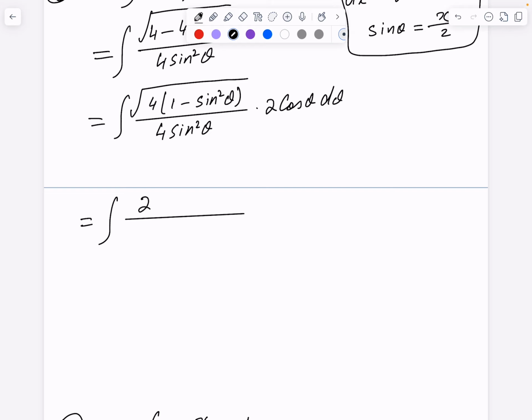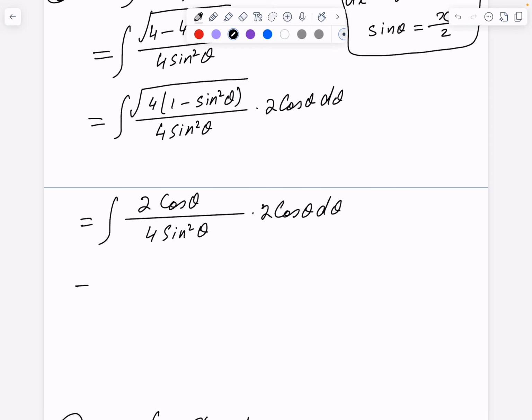When we pull it out, it's going to be 2 cosine theta, divided by 4 sine squared theta times 2 cosine theta d theta.